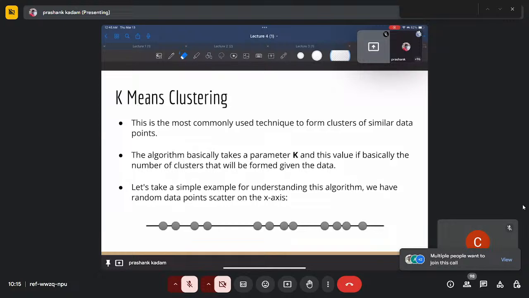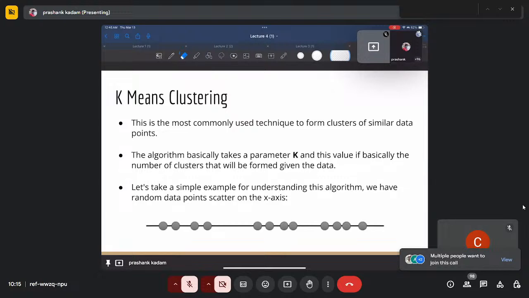Yesterday we learned K nearest neighbors clustering, right? In K nearest neighbors, what we saw was that you don't really need to train your model or anything. You just have to plot all the data.